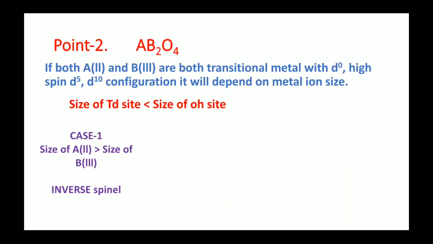And in case 2, the metal 3+ ion has a greater size than the metal 2+ ion. Therefore the metal 3+ ion will choose the octahedral site, and the smaller metal 2+ ion will choose the tetrahedral site, and hence it will be a normal spinel.